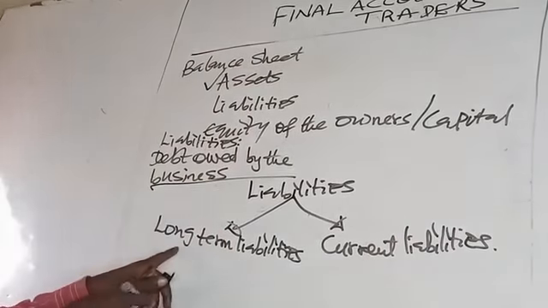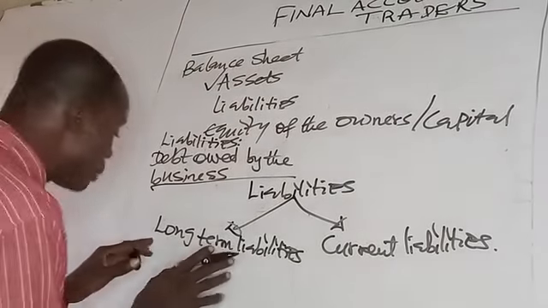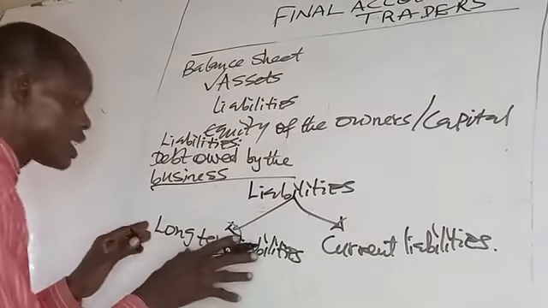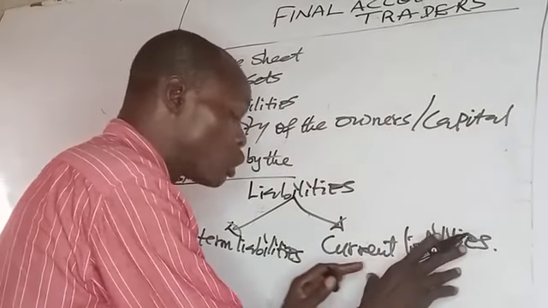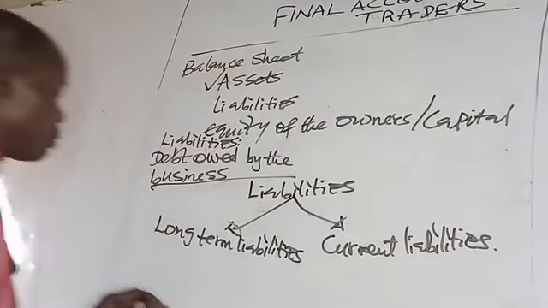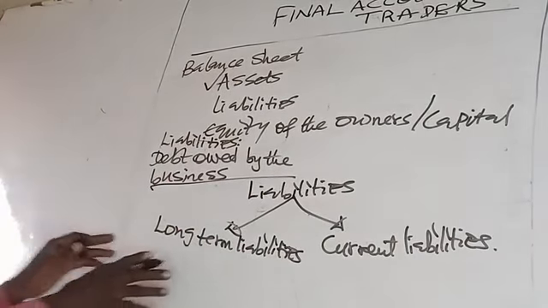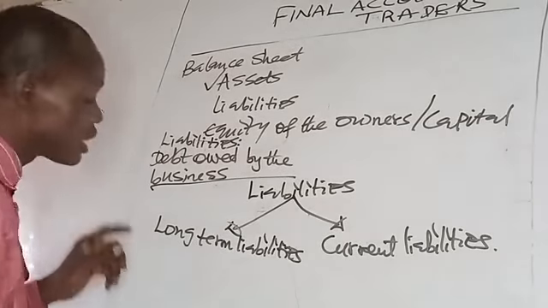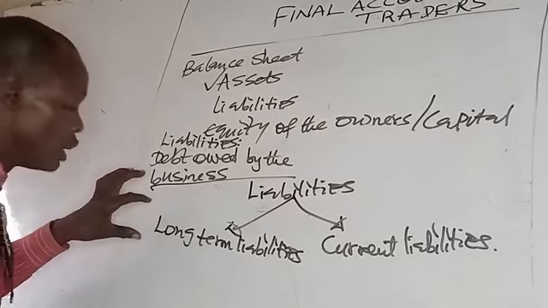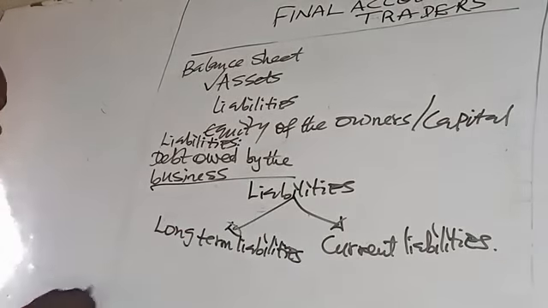The debt which the business is expected to repay within a year, I've told you that those ones are current liability. But those ones that cannot be repaid within a year, that is long-term liability. Therefore, long-term liabilities are debts that cannot be repaid within a year.